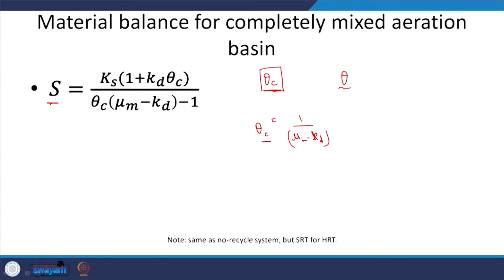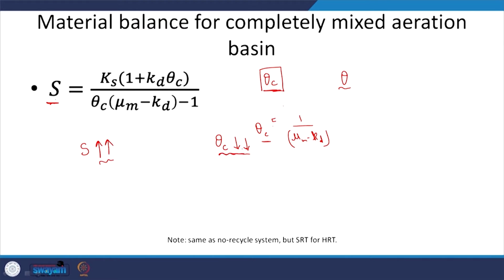So, when theta C or the cell residence time, or solids retention time, meaning how much time the microbes are going to spend in my system, decreases to its minimum, what is going to happen to the substrate concentration or the wastewater BOD in the effluent? It is going to go to infinity, right. So, that is what it gives you an idea about.